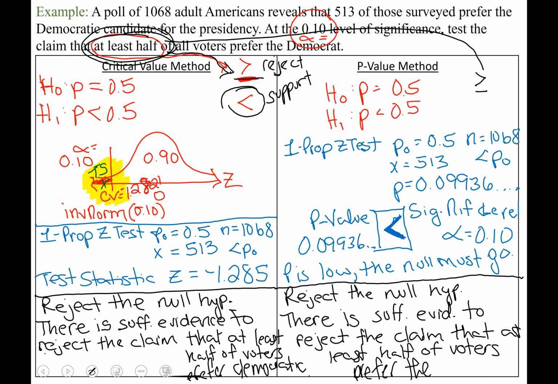At least half of all voters prefer the Democratic candidate. A lot of shorthand there, sorry about that, but I ran out of room. It's quite hard to write with my finger combined with this stylus.